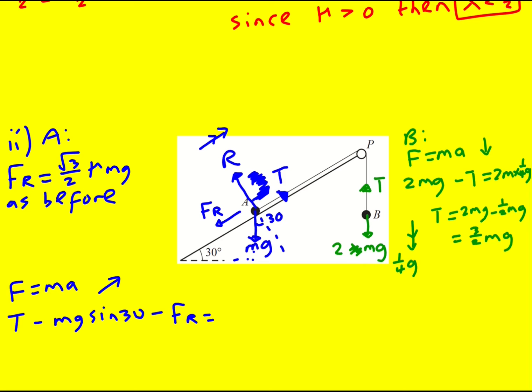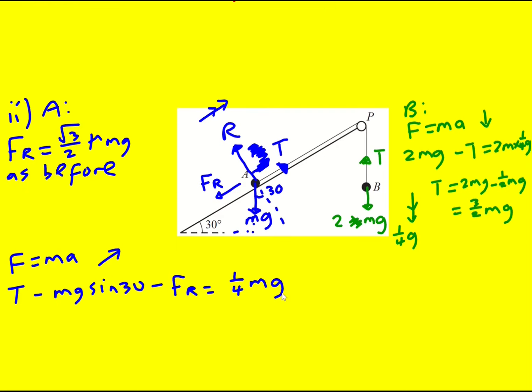So it's going to be a quarter mg. Substitute in for T, 3 over 2 mg minus a half mg minus root 3 over 2 mu mg is equal to a quarter mg.